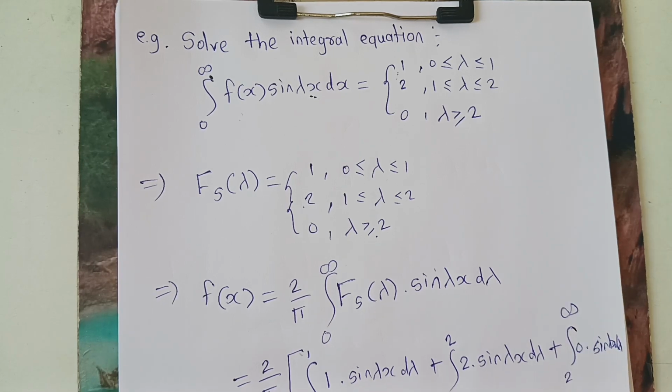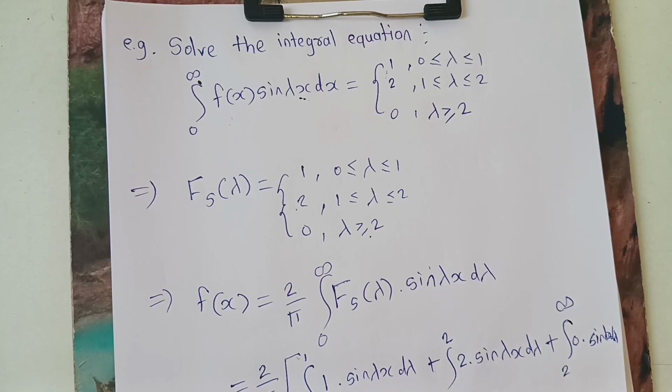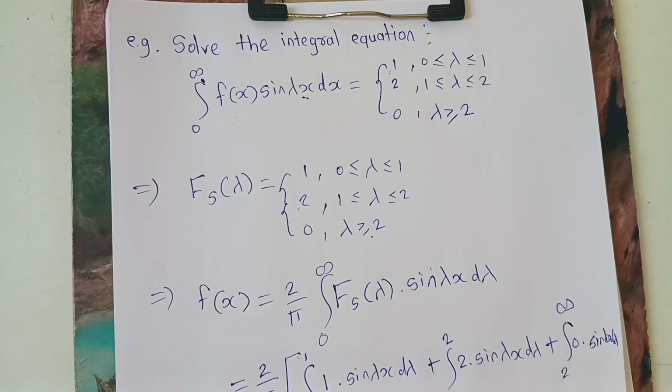So f of x is equal to 2 by pi times the integral from 0 to 1 of sine lambda x d lambda, plus the integral from 1 to 2 of 2 times sine lambda x d lambda. The last integral will be 0.